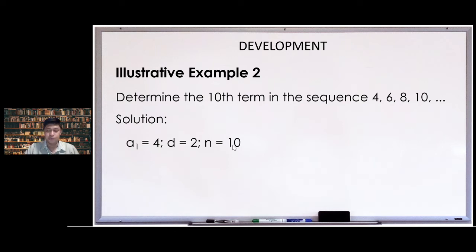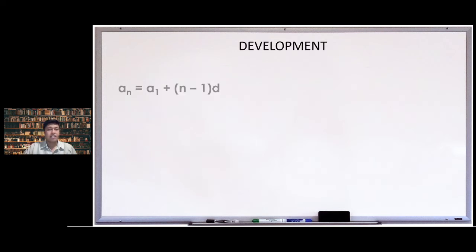Let us continue. For us to find the 10th term, we will be using a sub n is equal to a sub 1 plus the quantity n minus 1 times the common difference. Now, since a sub n, or what we're finding here, is the 10th term, our n is 10.